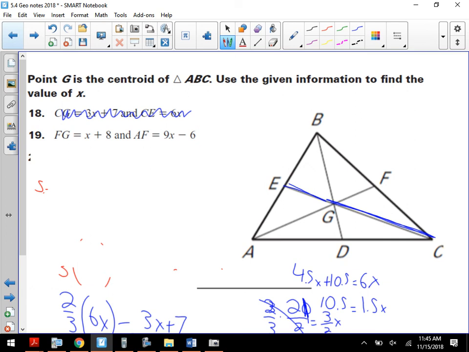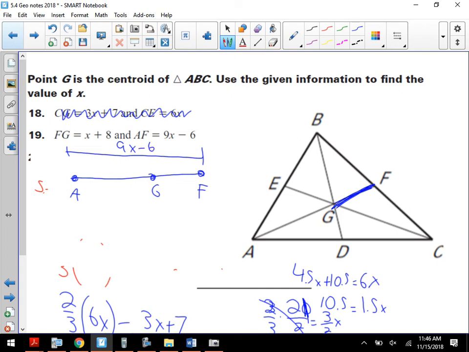So we have FG is x plus 8. AF is 9x minus 6. So in this one we draw it out. We have centroid to side, and we have the whole thing.